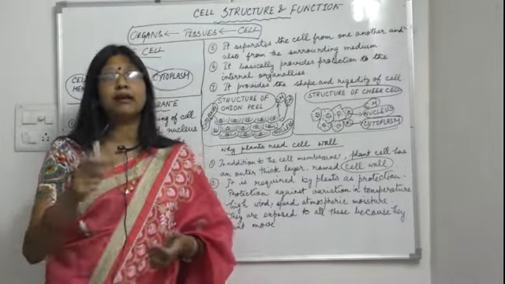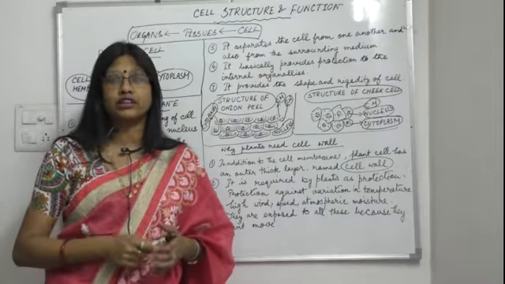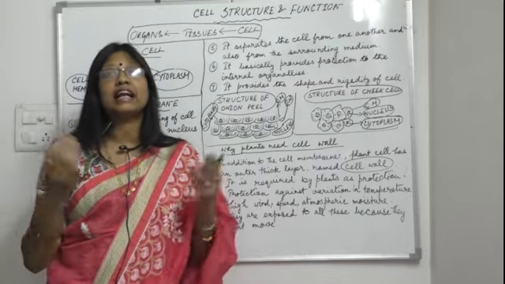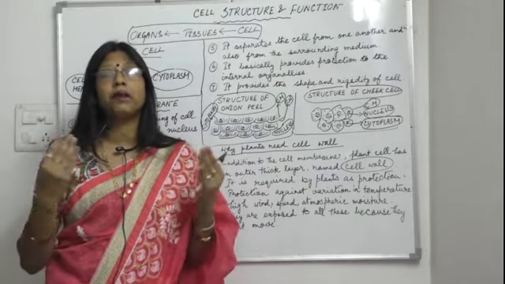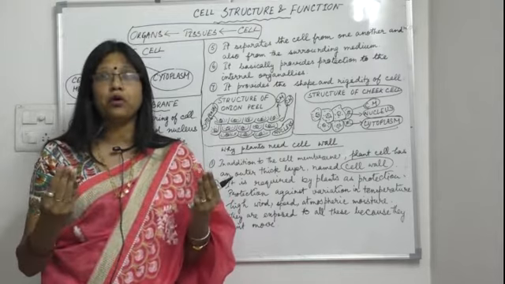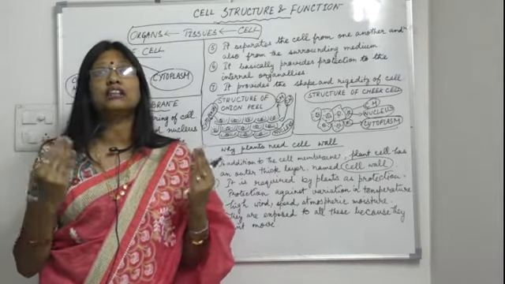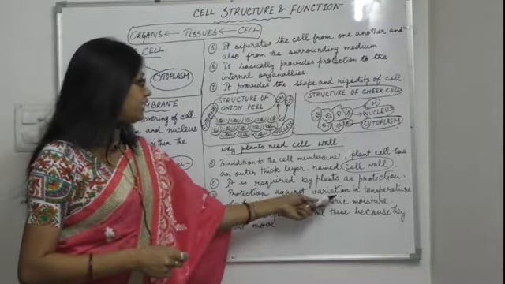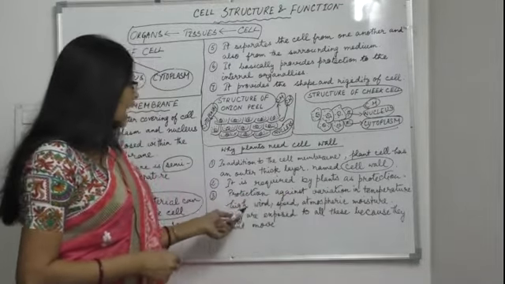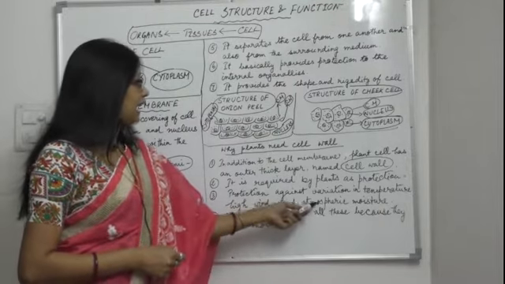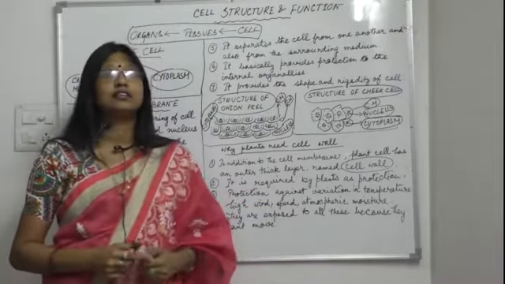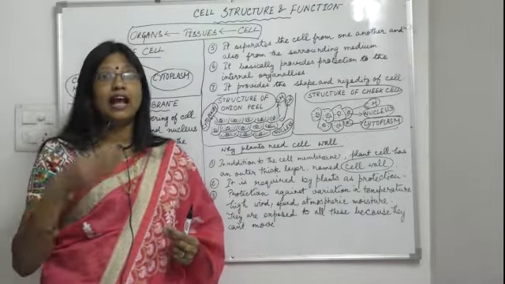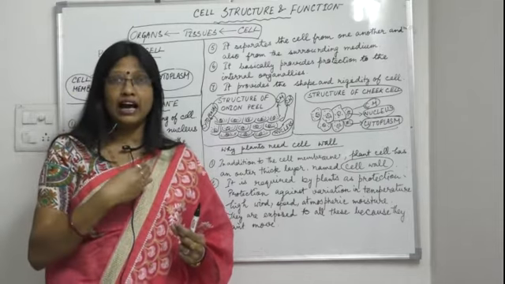But you can ask me, ma'am, the cell membrane is also there for protection, so why a cell wall? Because plant cells are exposed, but animal cells are not that exposed. Plant cells are exposed to variation of temperature, high wind speed, and atmospheric moisture. They can't move like us.